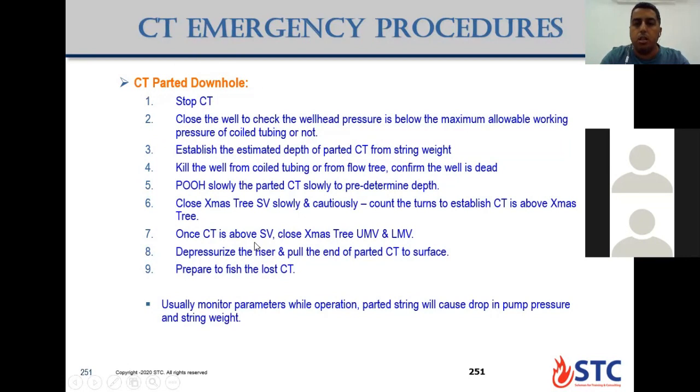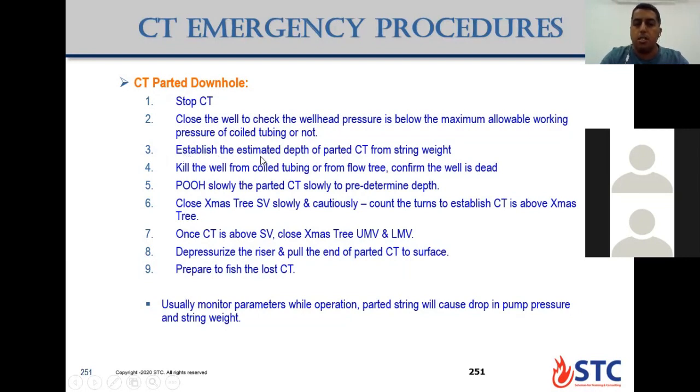You will see an increase in the surface pressure, a drop in the pump pressure, and the weight drops a little bit for the coil tubing. So we stop coil tubing movement and close the well to check whether the wellhead pressure is below the maximum allowable working pressure of the coil tubing or not.